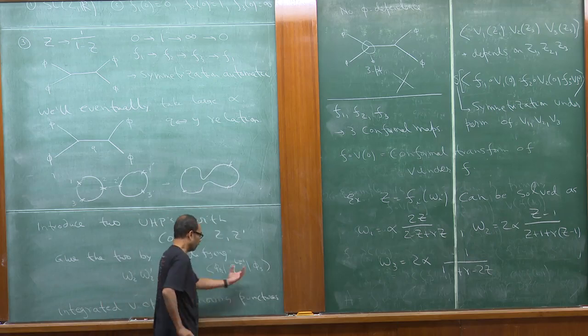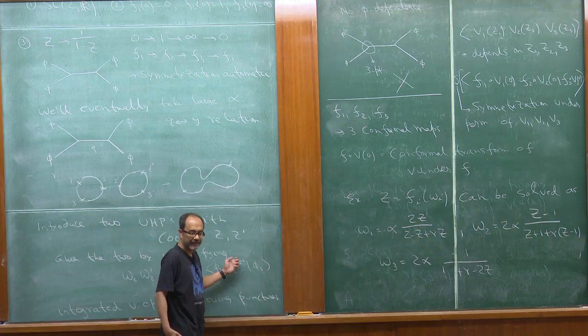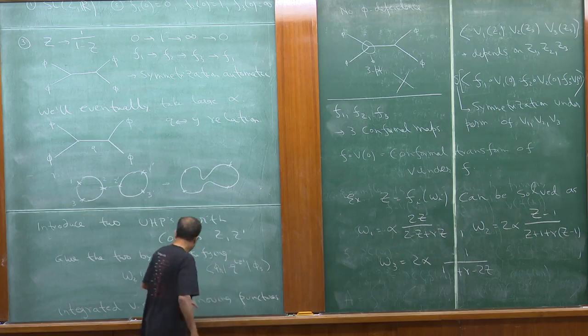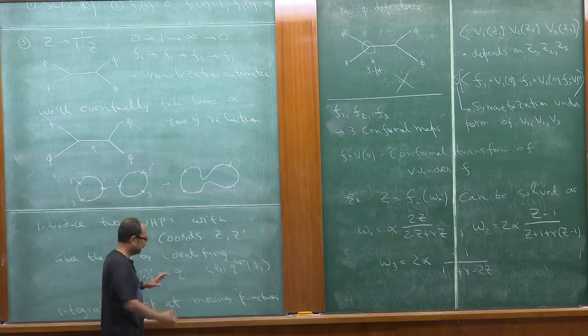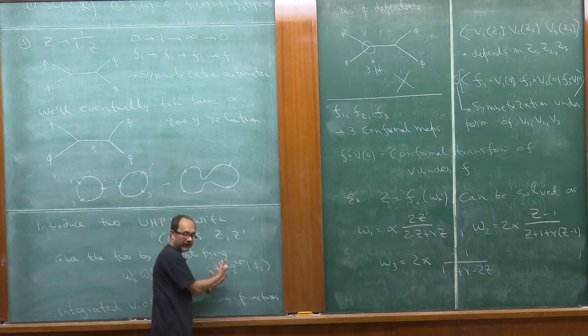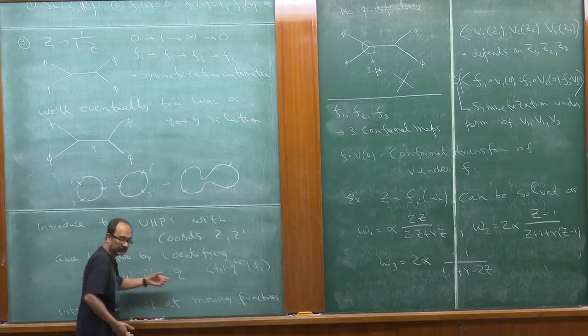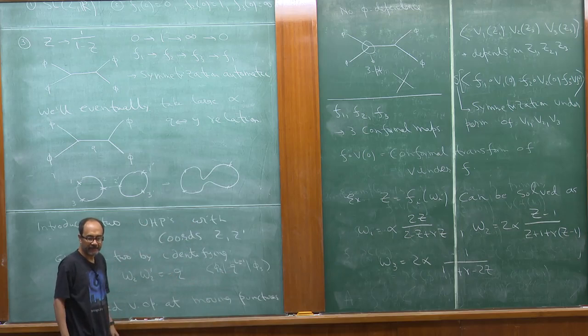This is like scaling by q, because there is an L0 sitting here, because the propagator is 1 over L0, that we will see later. So q to the L0 is like scaling. It first scales, say, W2 prime to W2 prime over q, and then because of this inner product you have to take a BPZ conjugation, that Z goes to minus 1 over Z. That is why you have this kind of inverse map.